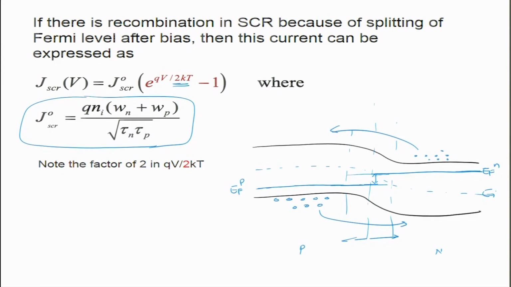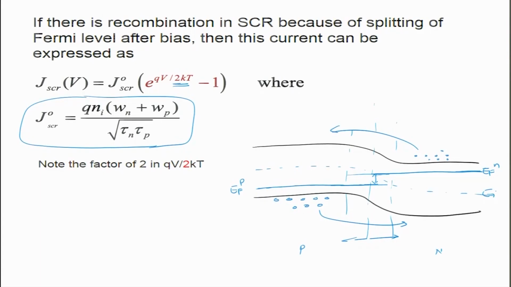Okay. Earlier we ignored this in our PN junction analysis. Now, if we do not ignore this, then we have to consider this space charge region current. So, within that expression that we looked at in the last lecture, if you made the illumination term 0, then only the recombination term remains, and the recombination term that remains gives you this space charge current, which is essentially, you can say, a dark recombination current.